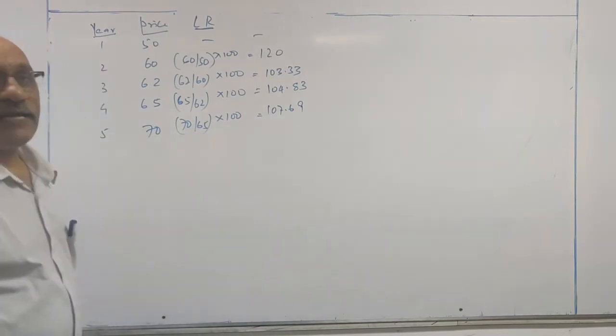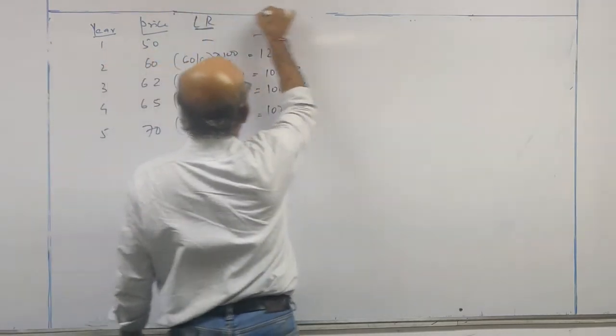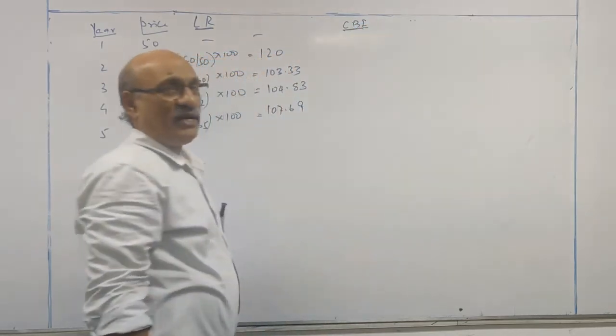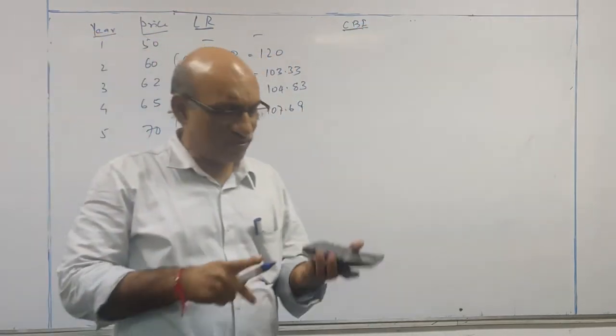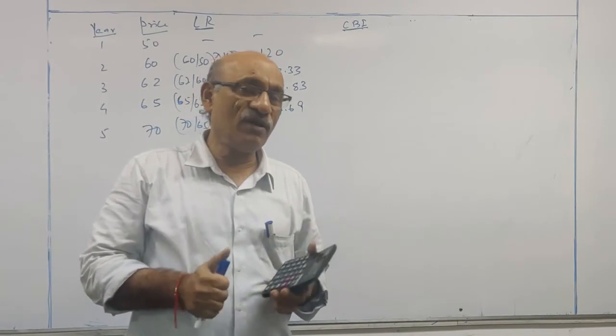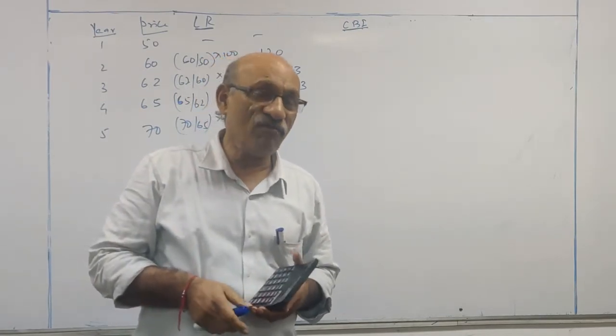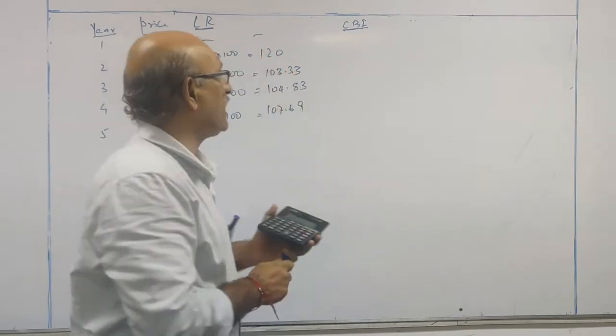Okay, link relatives are obtained. Now what is required? CBI, chain based index numbers. Remember this as a rule: CBI of first year is always taken as 100.